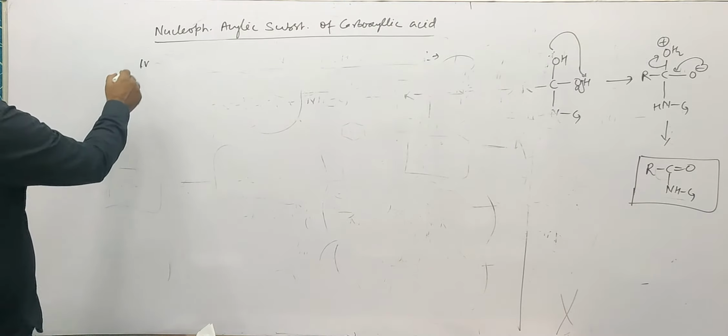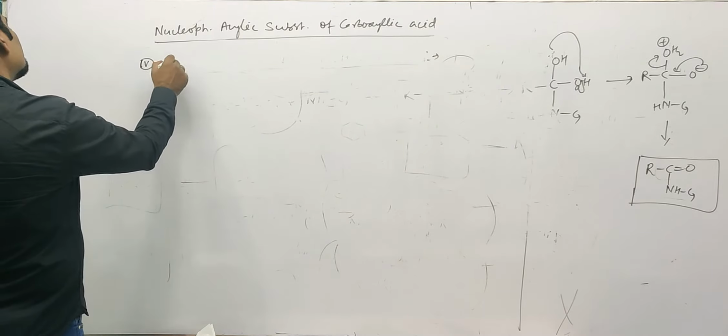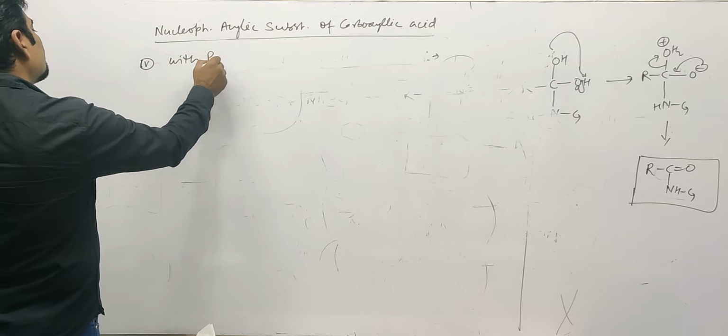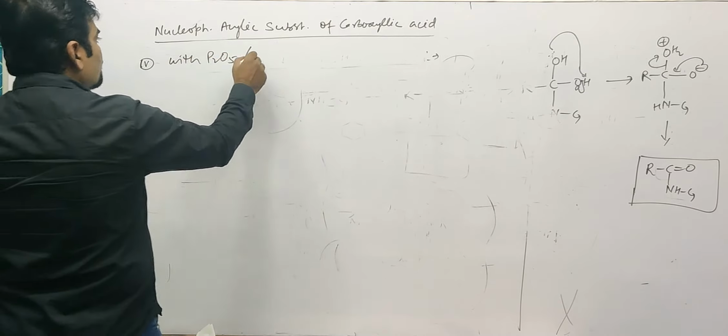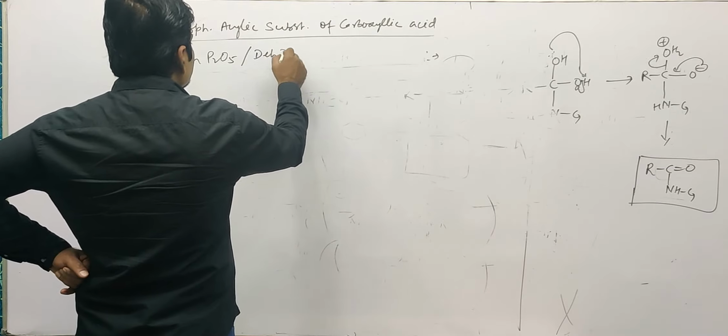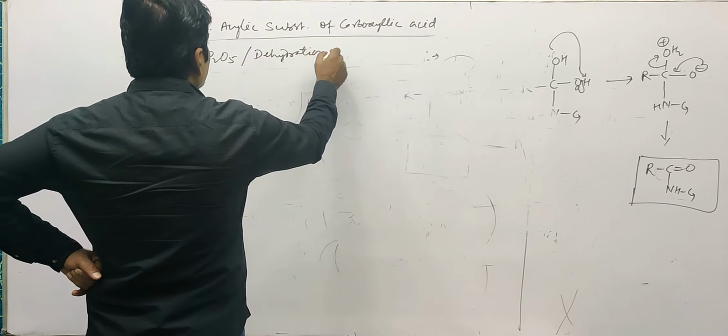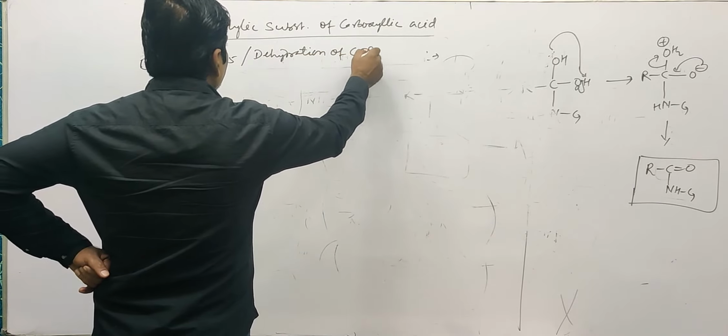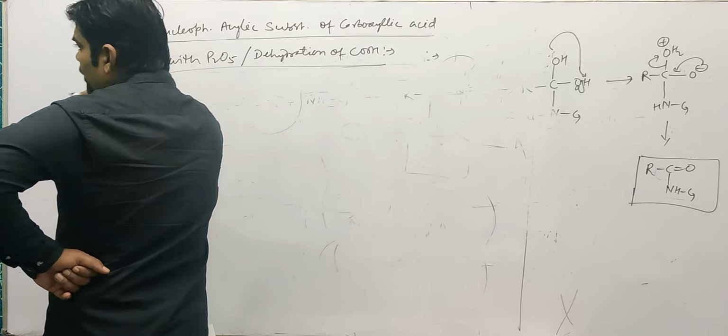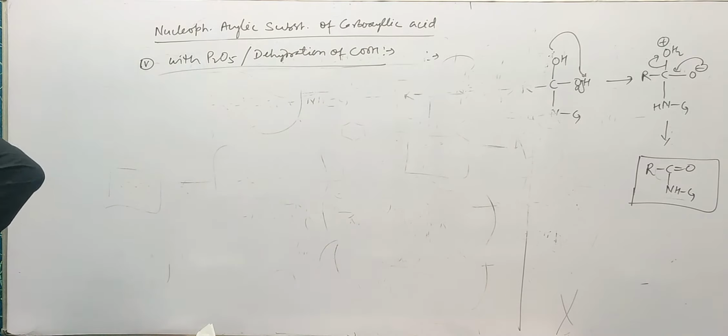Fifth. It was fifth, with phosphorus pentoxide, or simply we can say dehydration of carboxylic acid.